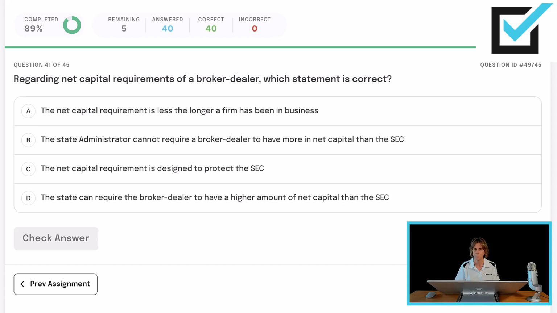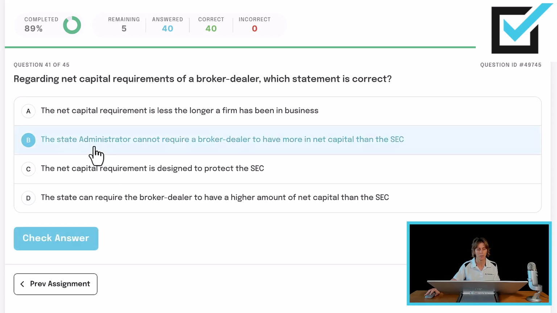No, it's designed to protect the customer. The state can require the broker-dealer to have a higher amount of net capital than the SEC. That's false. So the correct statement, the state administrator cannot require a broker-dealer to have more in net capital than the SEC. Broker-dealers are registered with the SEC and with the states. The states cannot require more in net capital than the SEC. That's true.